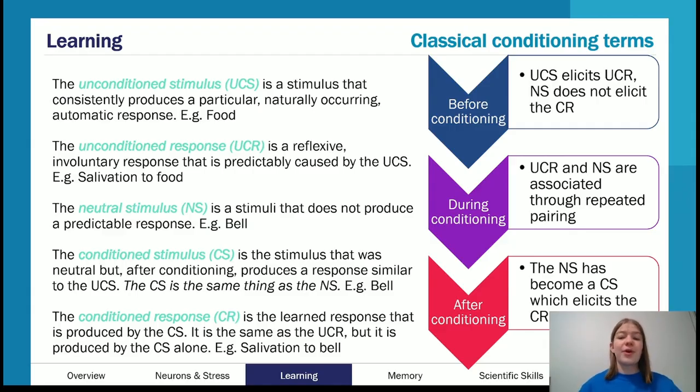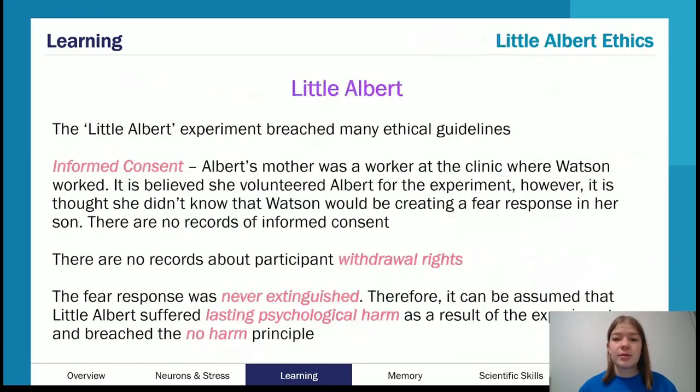So I've got more of a breakdown of the terms here. So if you're maybe a bit less familiar with this one, we've got the different ones here in terms of Pavlov's experiment, what each part is. The thing I would say here is the Little Albert experiment often is going to be something that you learn as an example.